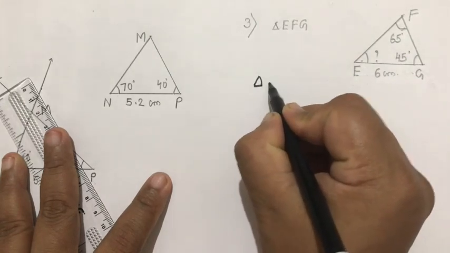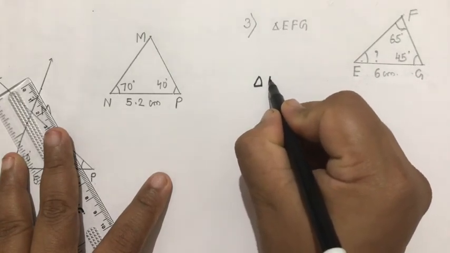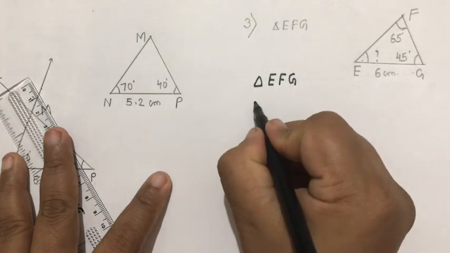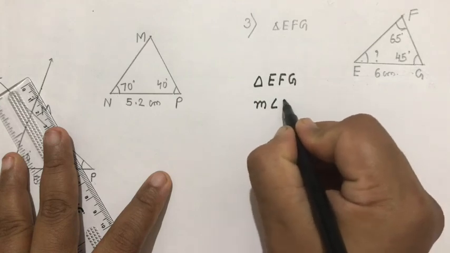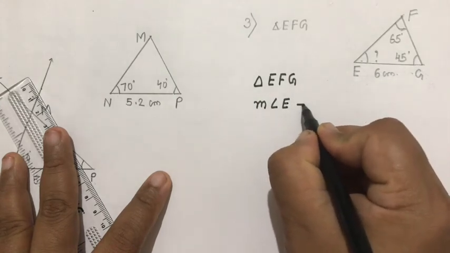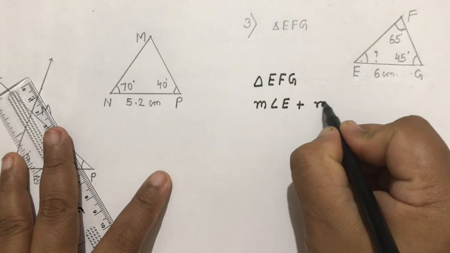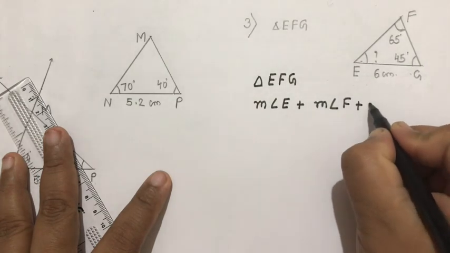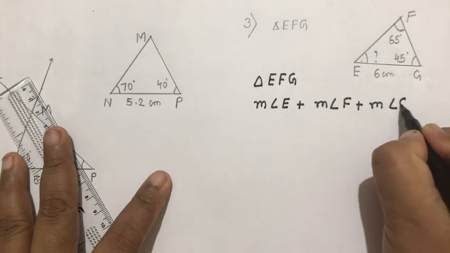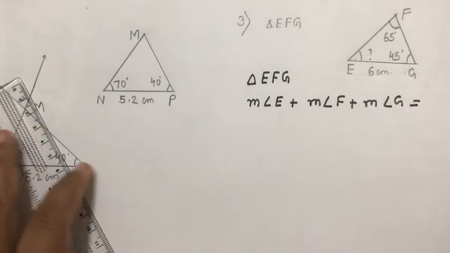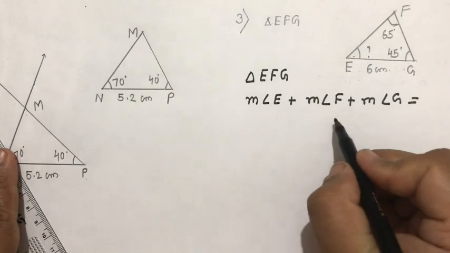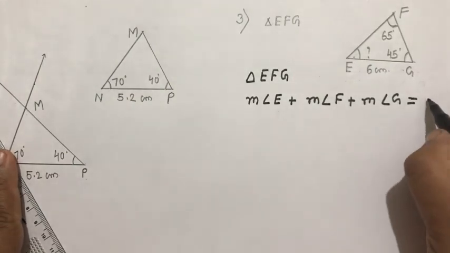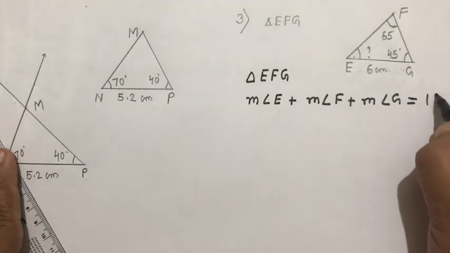That is, in triangle EFG, angle addition property says that sum of measures of all the angles of a triangle is equal to 180 degree. So measure of angle E plus measure of angle F plus measure of angle G is equal to 180 degree.